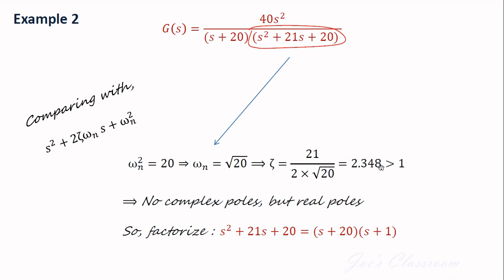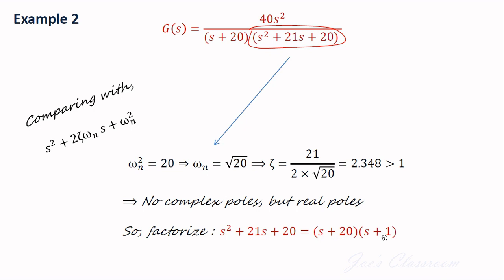Obviously, this is a value greater than 1. Which means that this quadratic polynomial will not result in complex poles. It is going to result only in real poles, and therefore this quadratic polynomial can be factorized with real poles. So if I factorize, this is what I get.